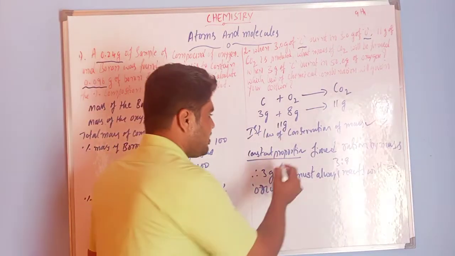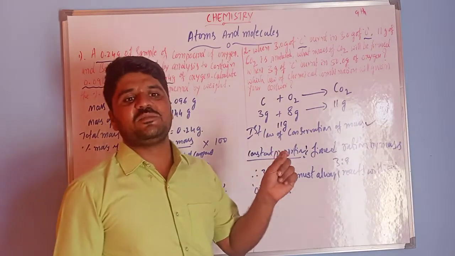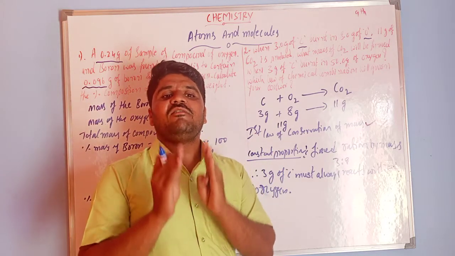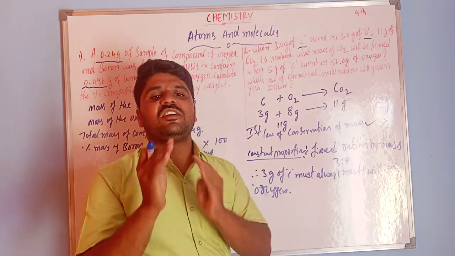That is stated by the law of constant proportions. Therefore, 3 grams of carbon must always combine with 8 grams of oxygen only.